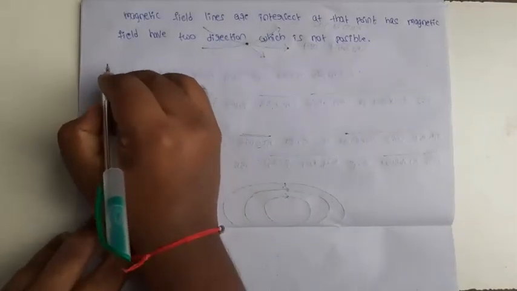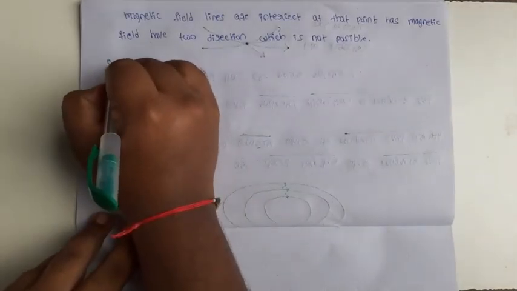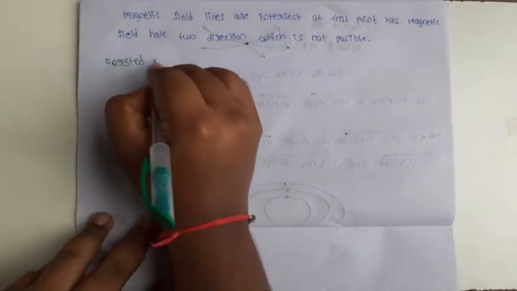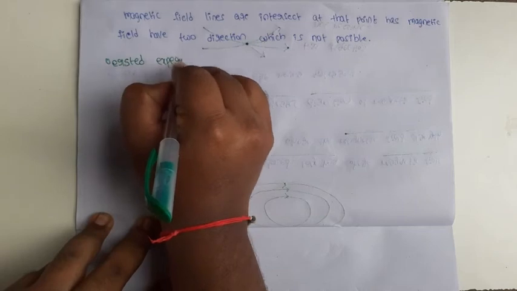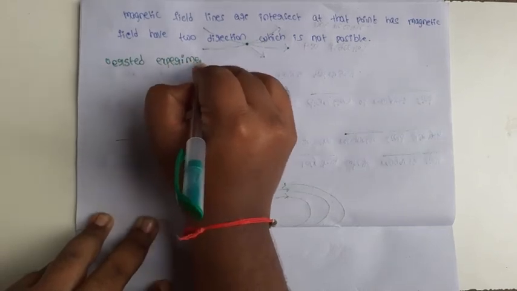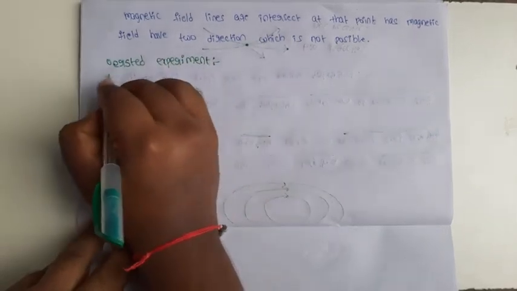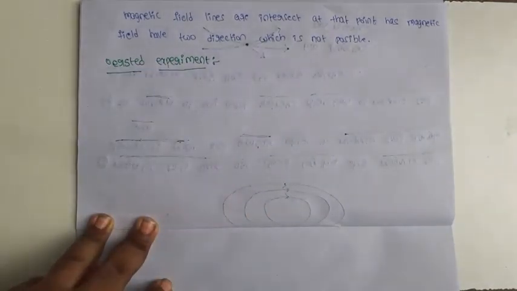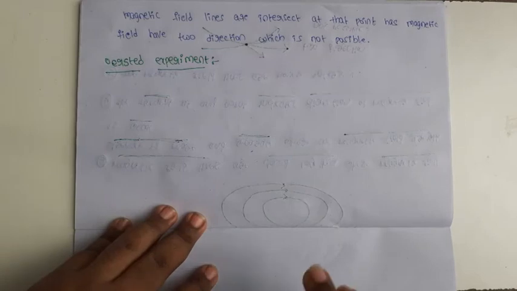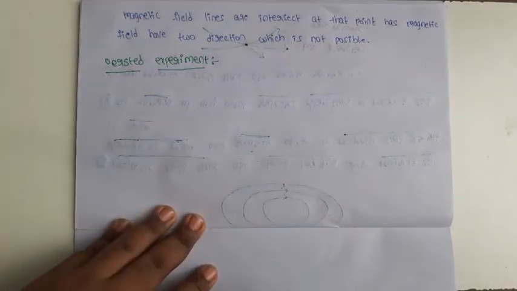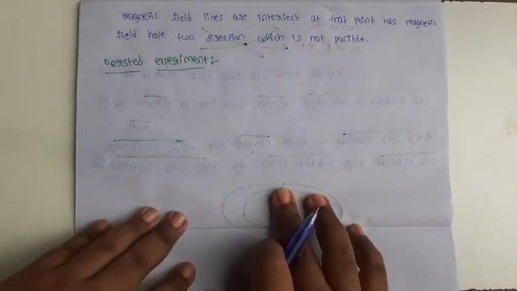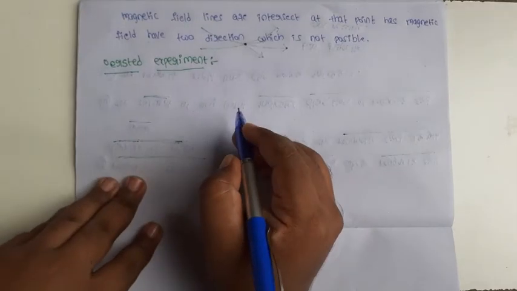Next topic, Oersted's experiment. Oersted was a scientist. He did one experiment, and from that experiment he gave some observations and conclusions. Oersted first constructed a small electric circuit.